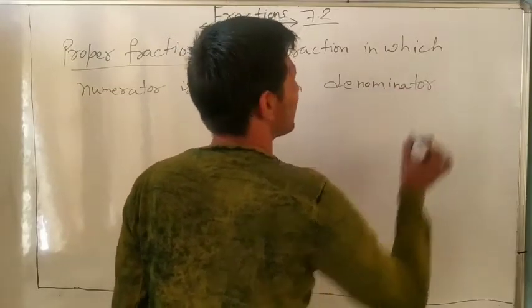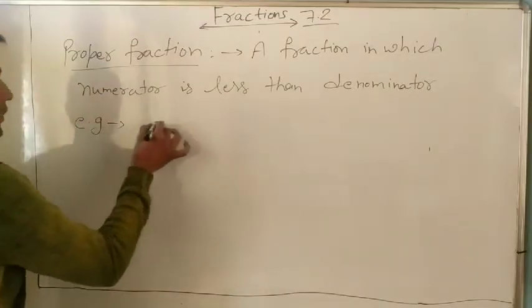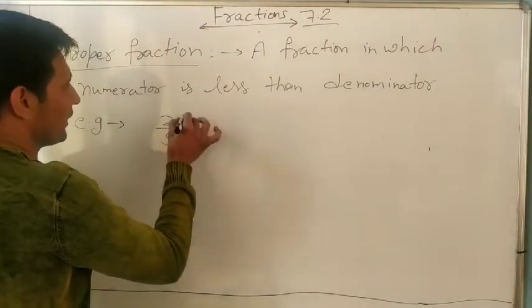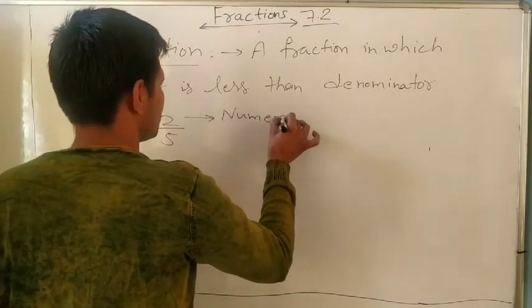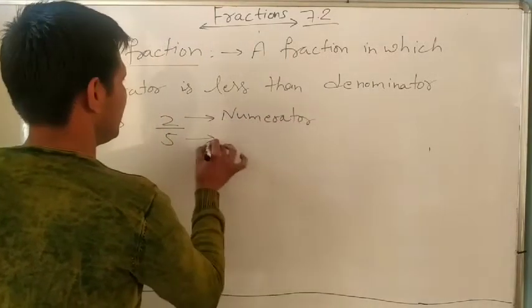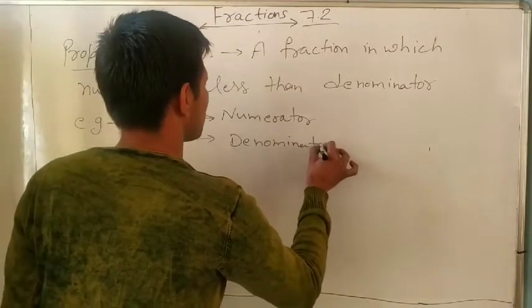Everyone knows what is numerator, what is denominator. So example, 2 upon 5. Everyone knows, upside is always numerator, and this is denominator. Okay.